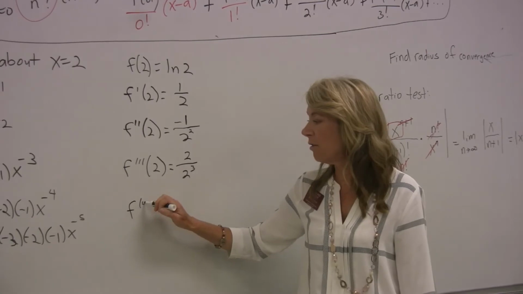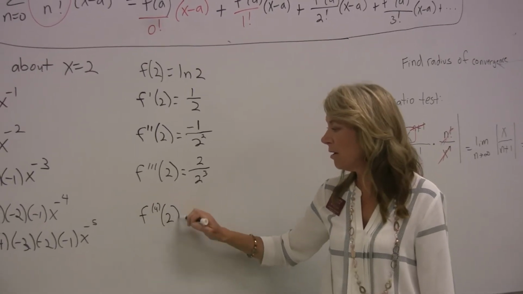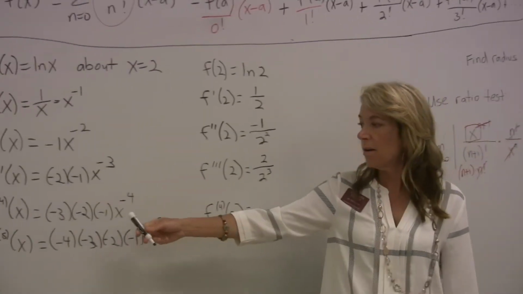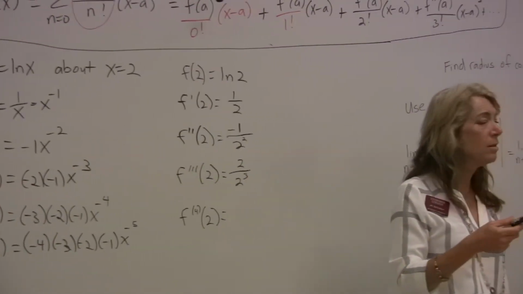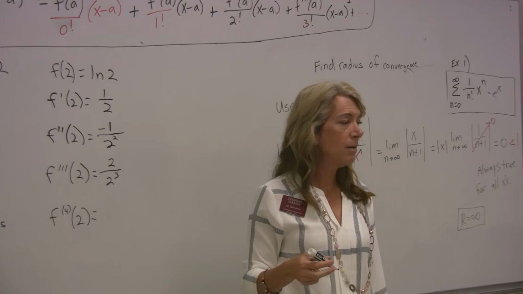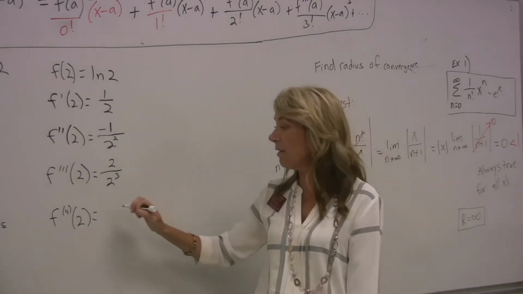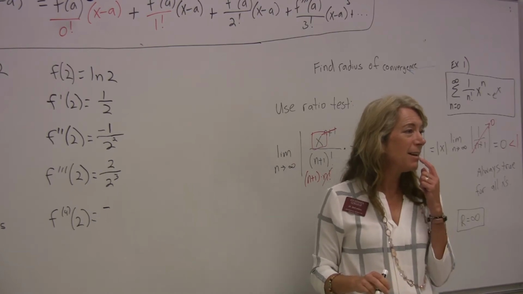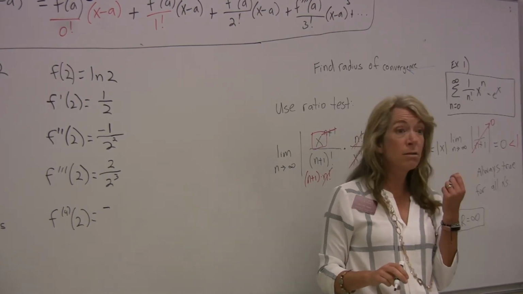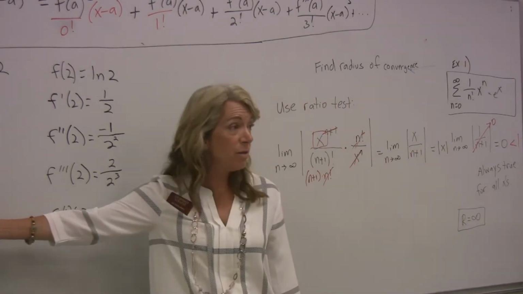What about the fourth derivative? So he's saying negative 6, but guess how I want to write it? I agree with that, but instead of 6, I'm going to write it as 3 factorial. See the 3 times 2 times 1?